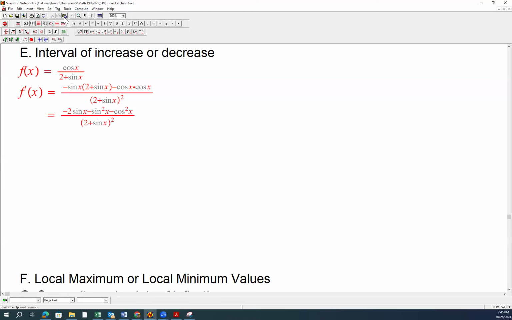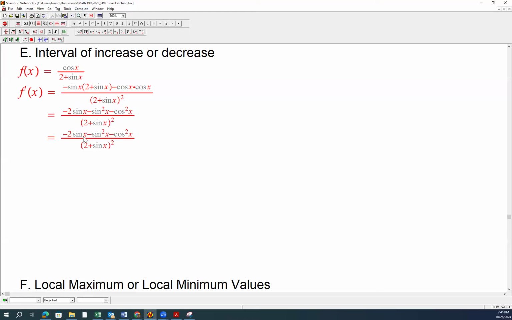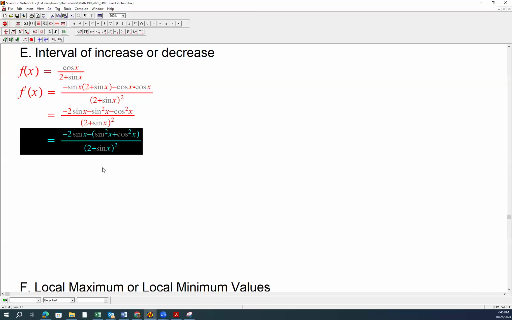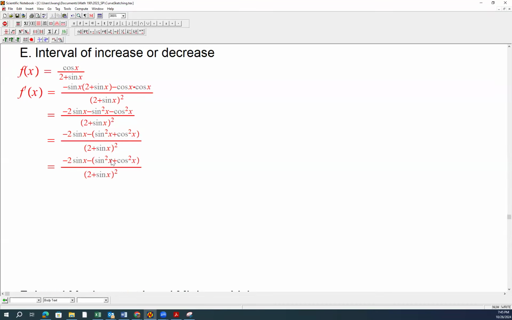Now we have learned a very famous identity, which is sine squared x plus cosine squared x equals 1. So if we factor out the negative sign in these two, we put them together and that's going to be plus, and this piece equals 1.